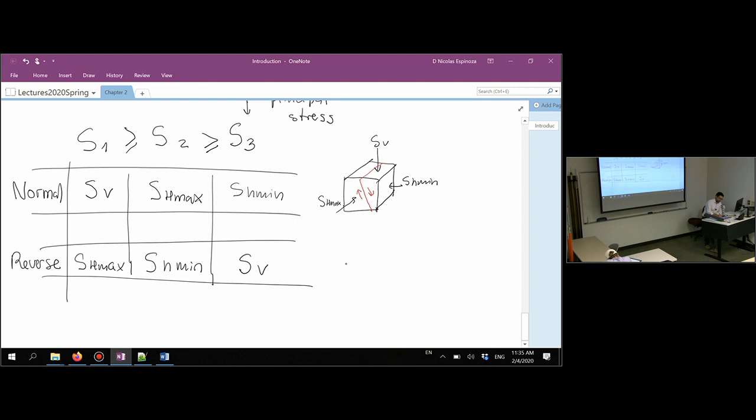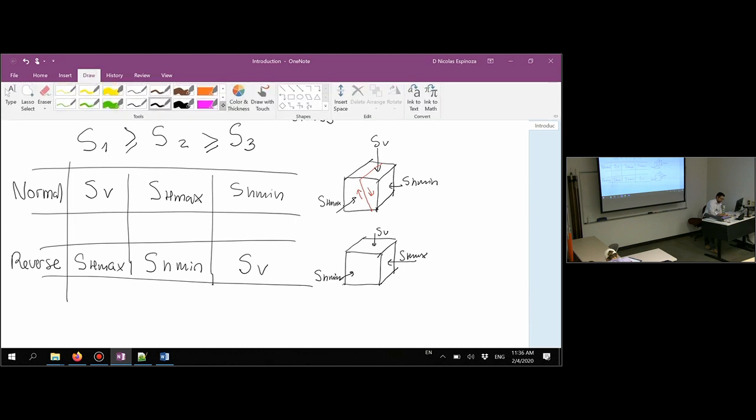And under this condition, we will have, as we were saying, the maximum in the horizontal direction, the minimum in vertical, and the intermediate to be horizontal as well.